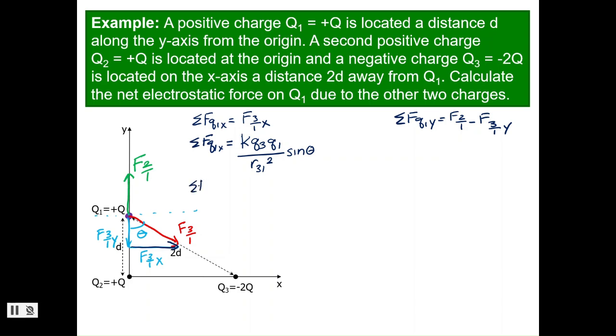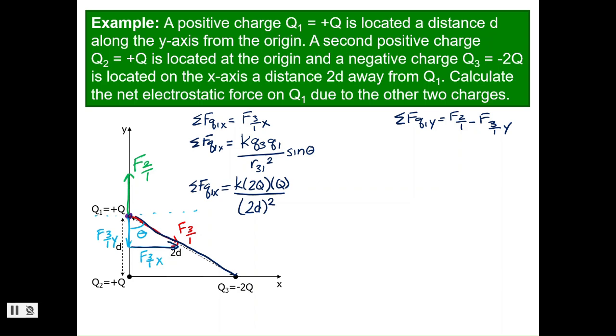So subbing in, because once again, this is non-numeric. Q3 is negative 2Q, but once again, I really just use the absolute values. So that's going to be 2Q, and then Q1 is a positive Q, so that's just going to be Q. R31 is going to be the distance between R3 and R1, which they define as 2D, but that is squared.